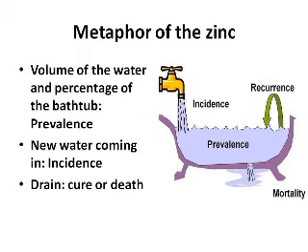And there are basically two mechanisms. They can be either cure or death. And in the metaphor of the sink, it would be the drain. So if you open a hole in the bottom of the sink or in the bottom of the bathtub, a lot of water will come out. Now, depending on how big that hole is, more or less water will come out. But how do you decrease the prevalence of a disease in a given population? Well, there are really two ways of doing it.